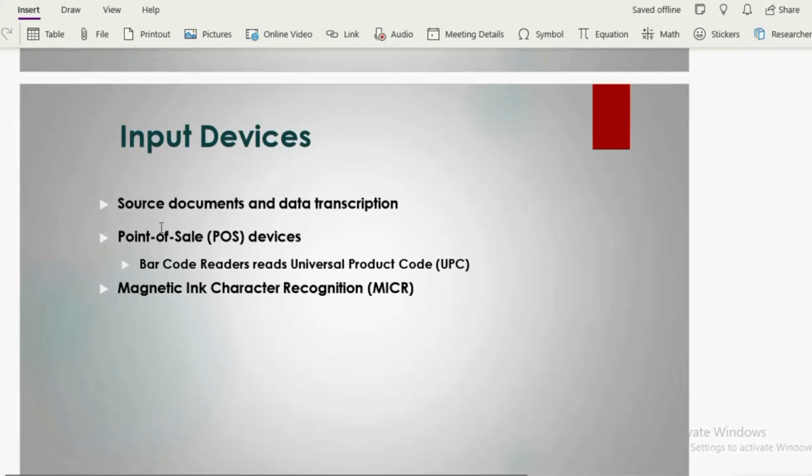Source documents are very important for the accounting information system, because they are documents which a human can read and also the machine can read. The most common example is the sales invoice. It can be read by a human, and the human can enter it into the system, and if it has a barcode, the machine can also read it.